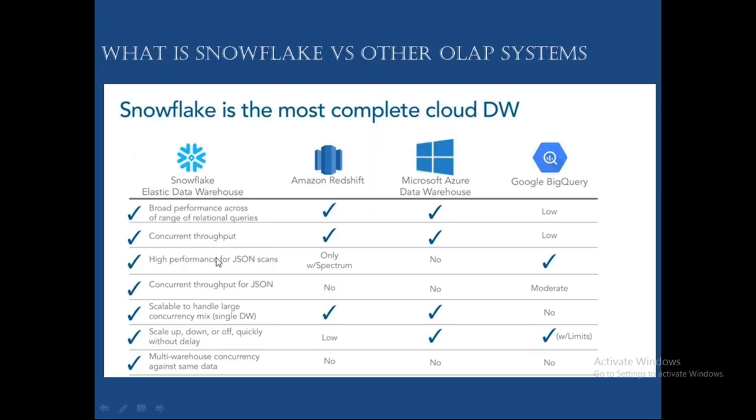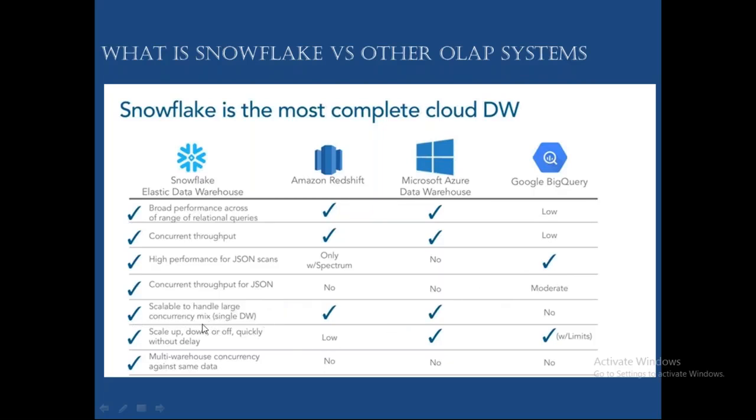Next, high performance for JSON scan. Suppose you have some JSON data and you want to scan it, it will be very fast here, but here it is very slow. Again, Google BigQuery is fast. Then concurrent throughput for JSON, which means when you are using parallelism, you will get high throughput in Snowflake, but nowhere else will you get that.